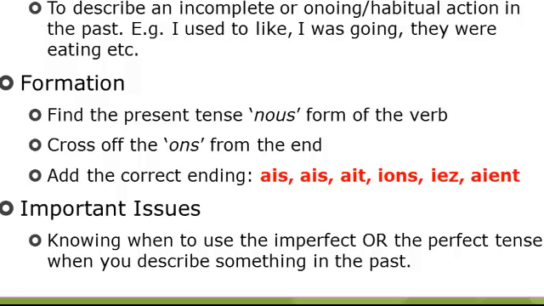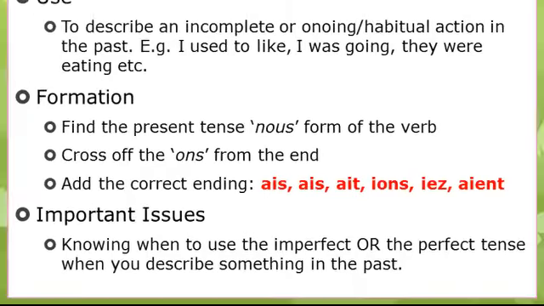And the issue with this is knowing when to use the imperfect or the perfect tense when you describe something in the past. It usually helps to think about what you would say in English, but just be aware of the 2 past tense verbs and knowing the correct one to use.